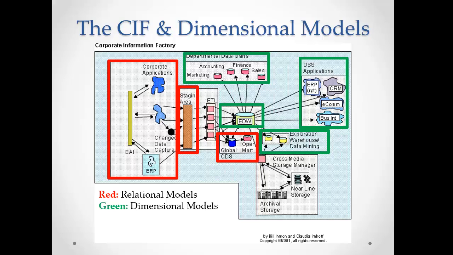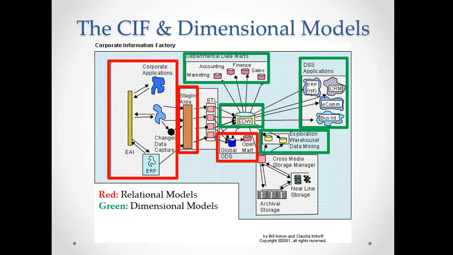You probably recall the corporate information factory. This is Inmon's view of the physical components required to implement an enterprise data warehouse solution. What I've done for you now is I've taken red boxes and highlighted the areas in the corporate information factory that contain relational models. So everything that you see with a red box has normalized data.